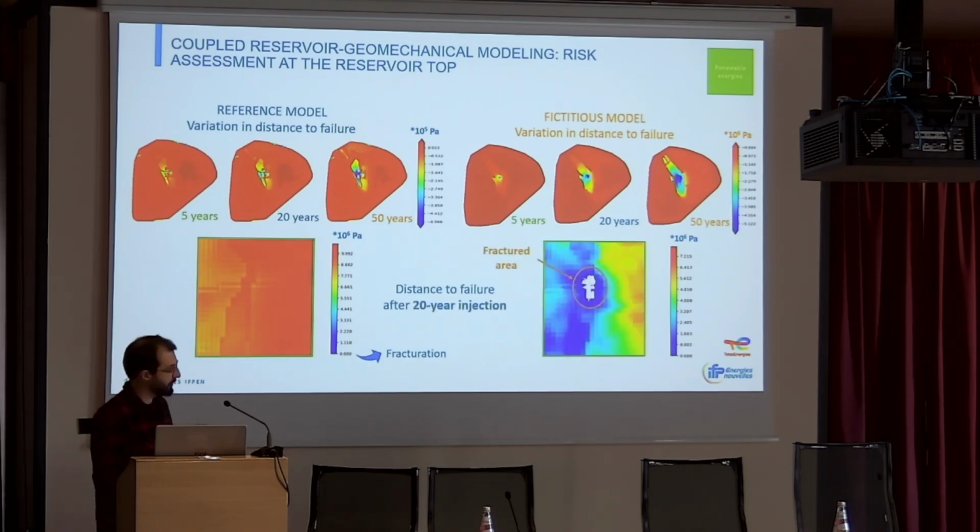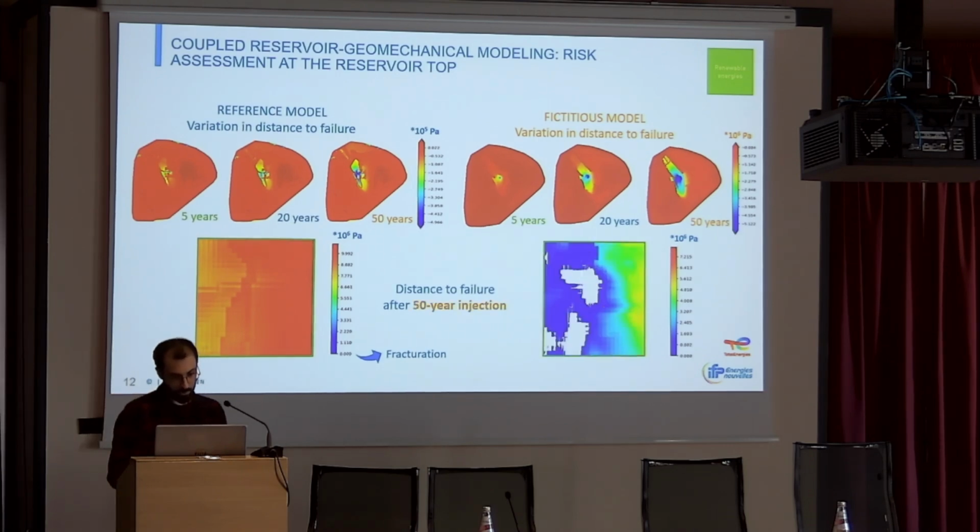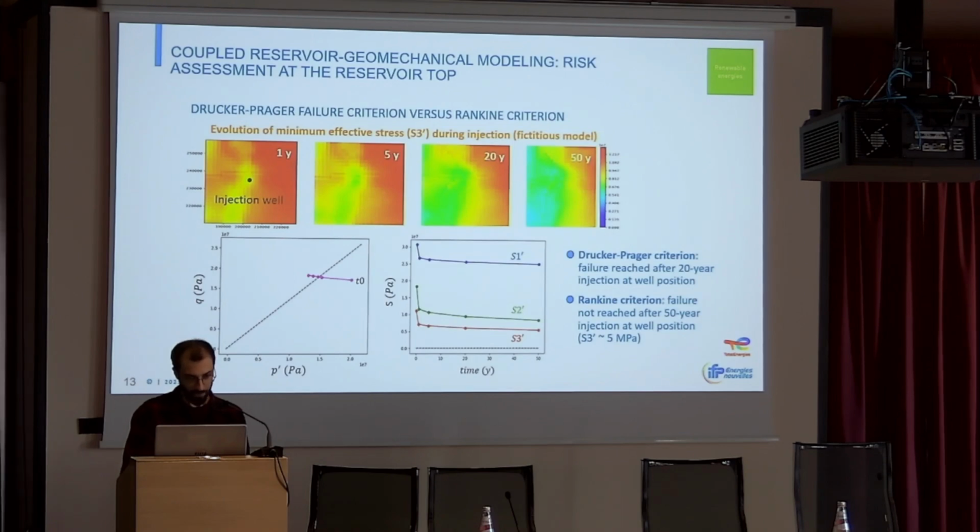And after 20 years of injection, there is no significant difference in the reference scenario, but we have a fracture area now in our alternative scenario. And if we go to 50 years of injection, again no significant difference in the reference case, but now we have a lot of fracturing in our alternative scenario, sorry.